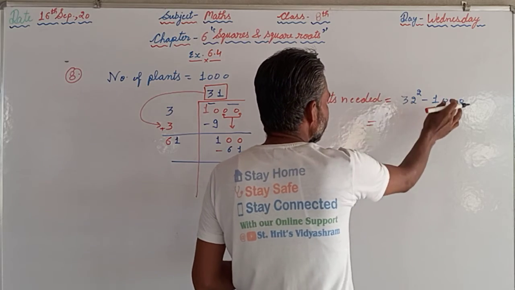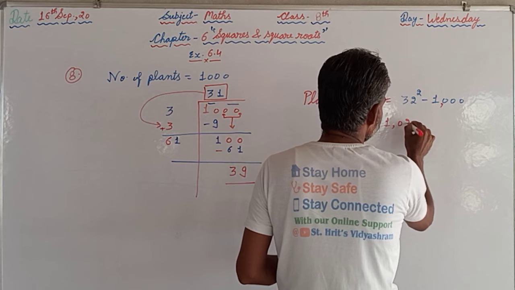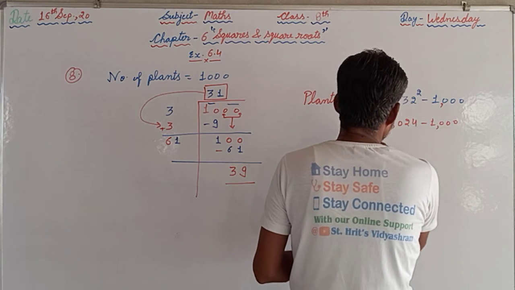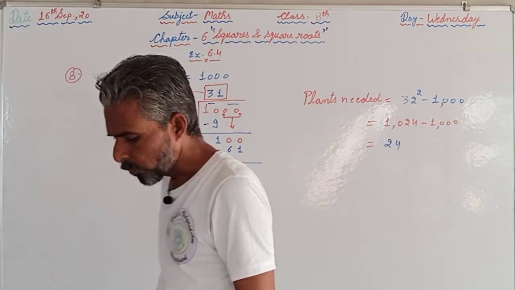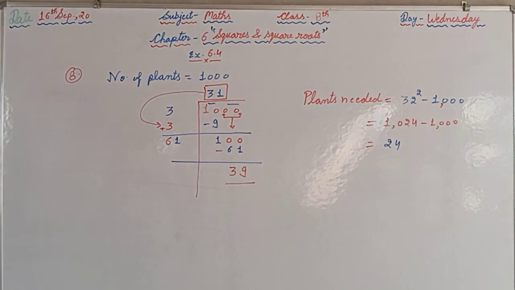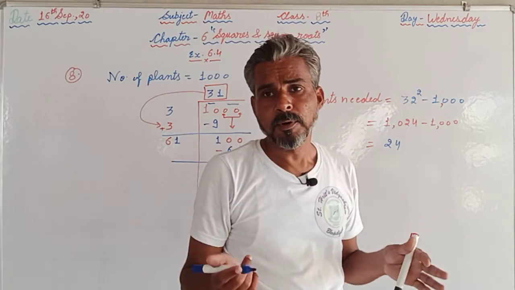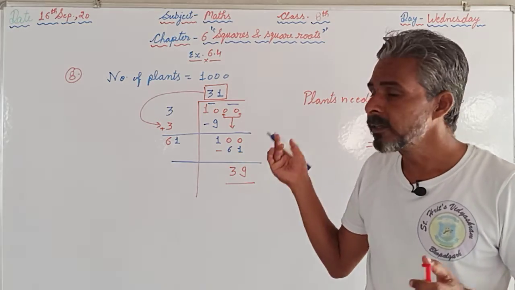So 32 squared means 32 into 32, that is 1024, and that is 1000, and if we subtract we get 24. So 24 plants will be required, and after adding 24 plants the total number of plants will be 1024, and the square root of 1024 will be 32.